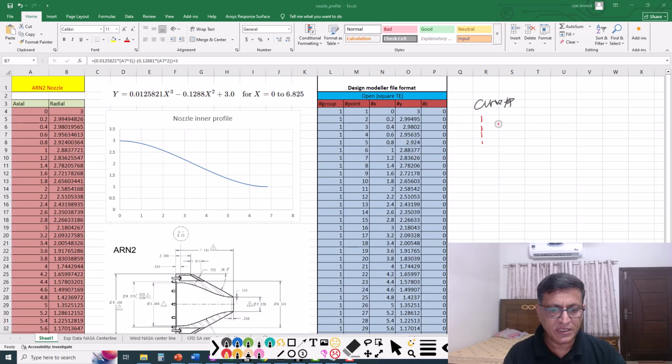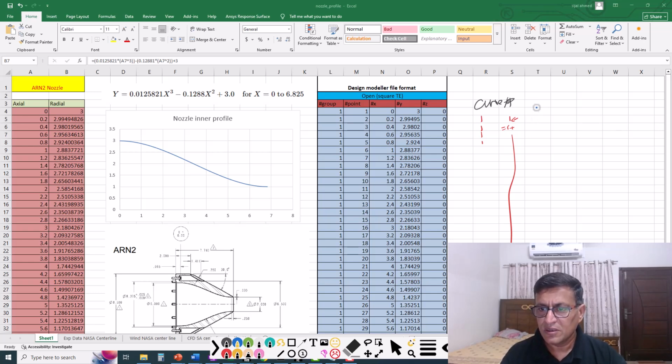So let's say if one curve contains, for example here, 35 points, we start with 1, then we put the formula 1 plus this cell value, and you continue up to 35. Okay, and every field here will be written as 1. Curve number is 1 and the point number is 1 up to 35 or whatever number of points there are.